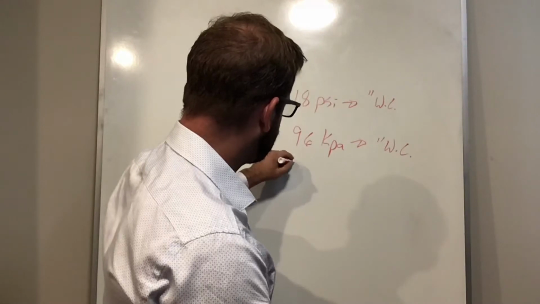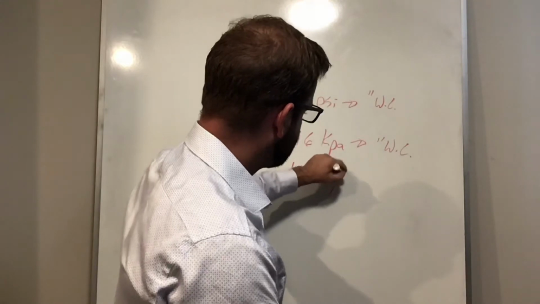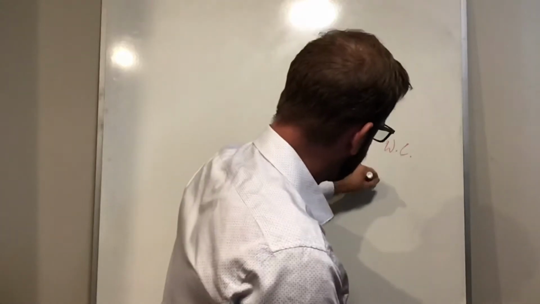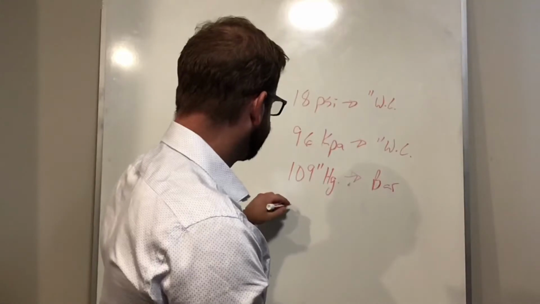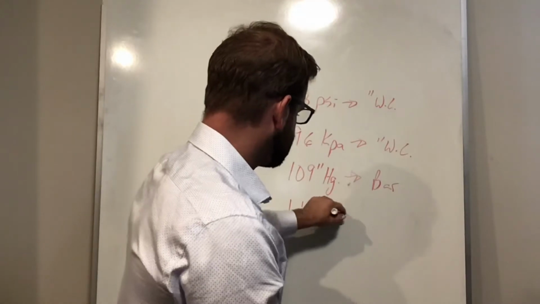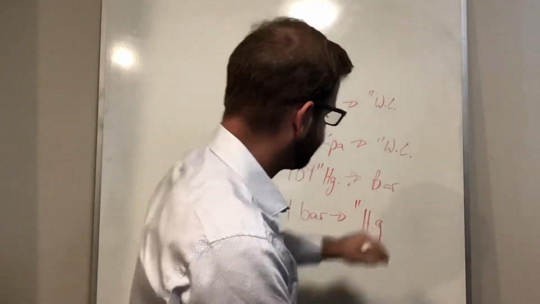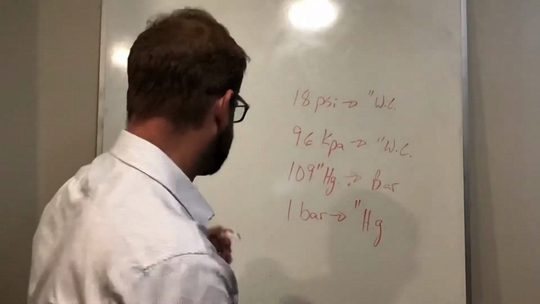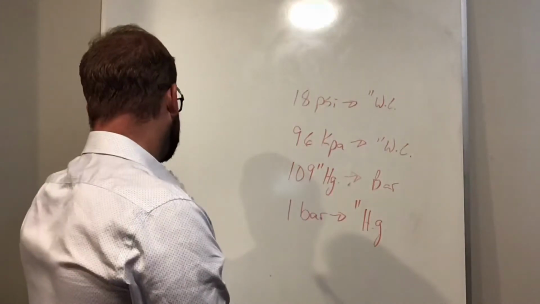Let's do 109 inches of mercury to bar, and then 1 bar to inches of mercury. So pause that, work through it, and I'm going to start going through all these values. I'm just going to write them off to the side and then take this off the board.